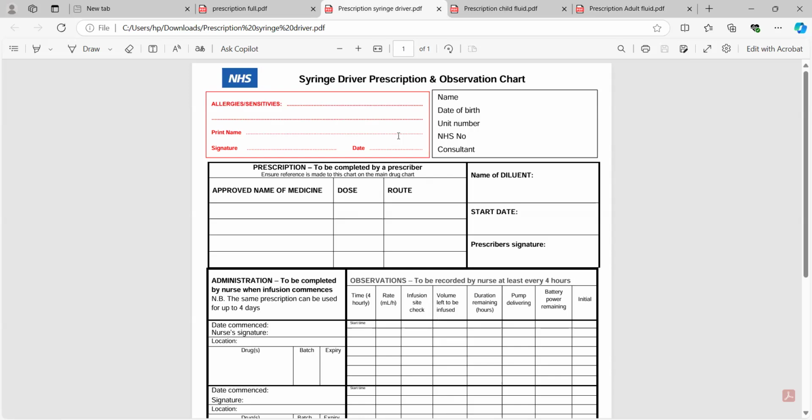So be very careful while writing the prescription if you have fluid management in adult or in children, or if you have a prescription for your syringe driver, you can usually find them separately. So keep this in mind.